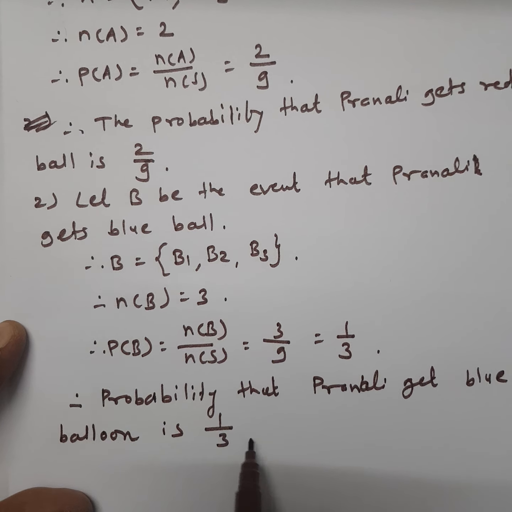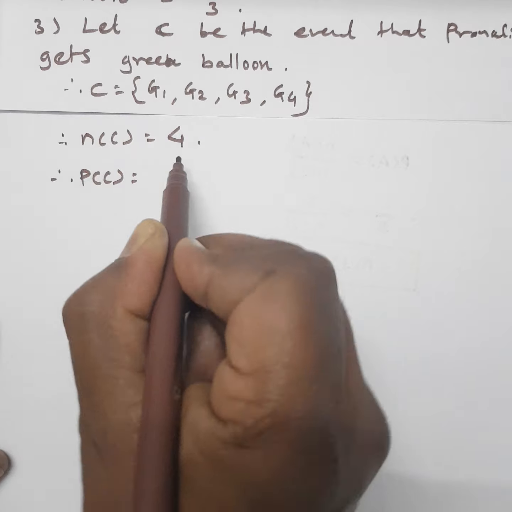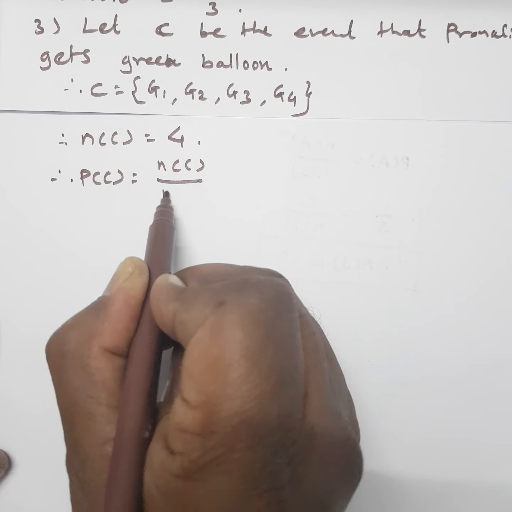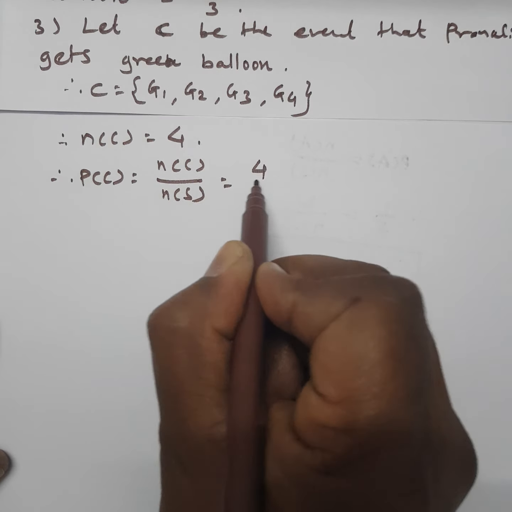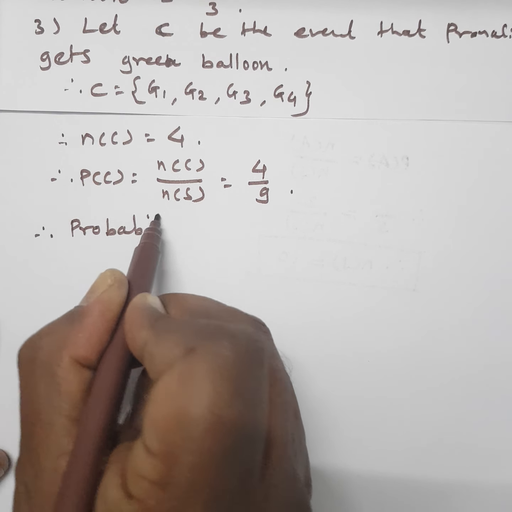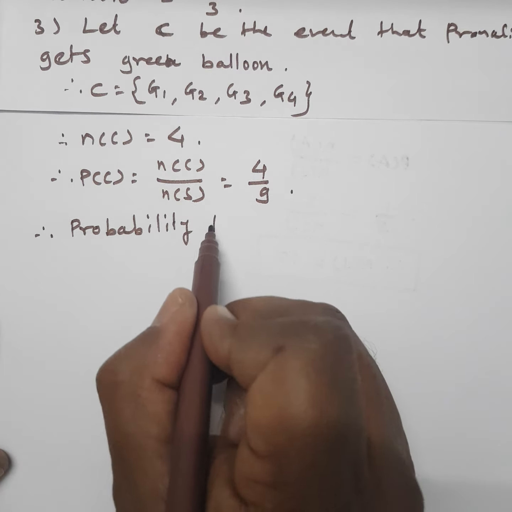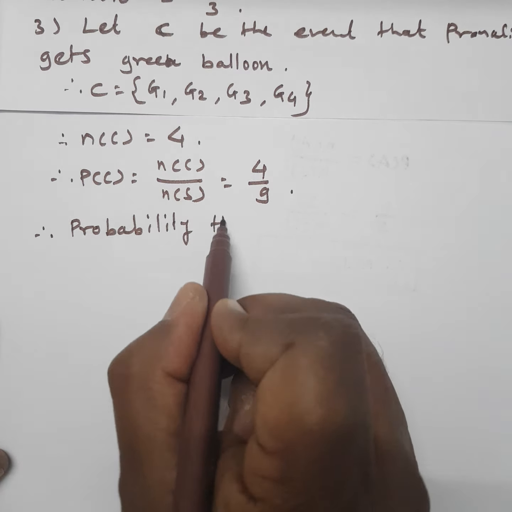Therefore n(C) is equal to 4. Therefore probability of event C is equal to n(C) upon n(S) is equal to 4 upon 9. That is, the probability that Pranali gets a green balloon is 4 upon 9.